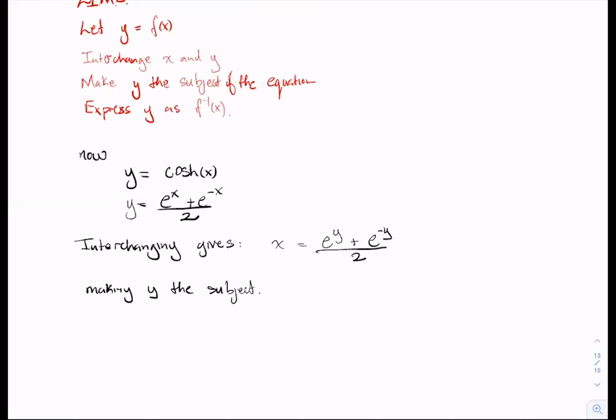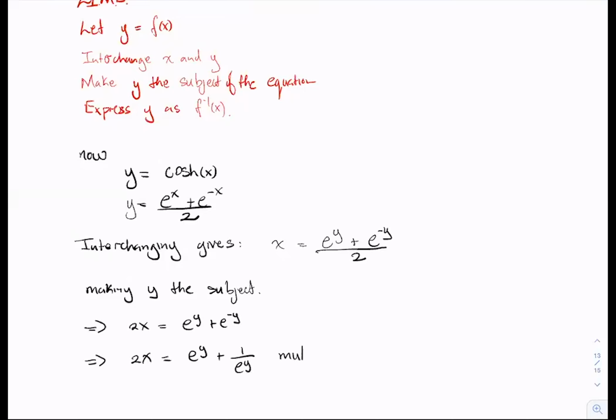Making y the subject, this implies that 2x is equal to e to the y plus e to the minus y, which means that 2x is equal to e to the y plus 1 divided by e to the y.